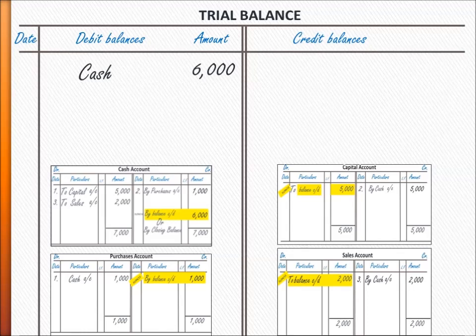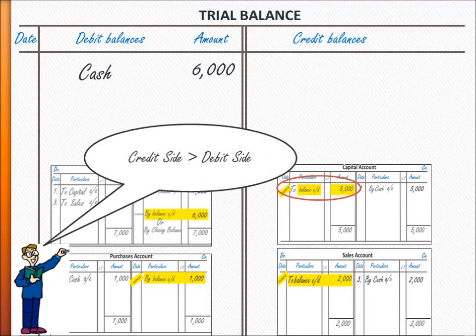Now come to the capital account. Capital account on the debit side to balance CD is rupees 5,000. It means this is the balancing figure, or you can say the amount supplied by us to make it equal. So the amount was supplied to the debit side. What does it mean? The credit side of capital account was stronger as compared to debit side.